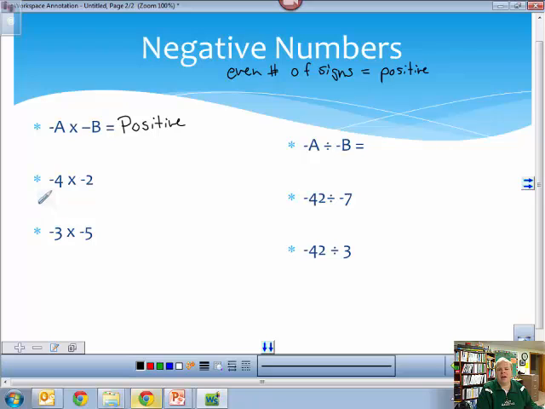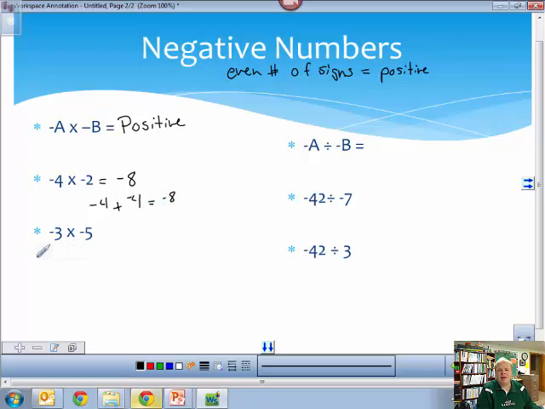Okay? Negative 4 times a negative 2 is a positive 8. Well, how does that work? Because remember, I'm going to take negative 4 and I'm going to add it again to itself. So negative 4 plus a negative 4, I'm going to get a negative 8.